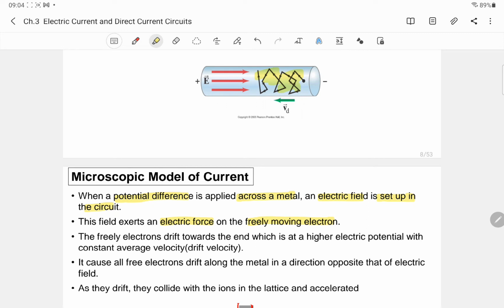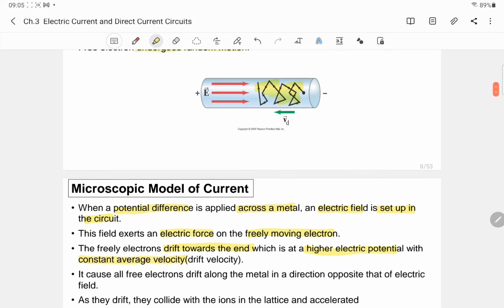And then electron yang move secara randomly tadi, the free electrons will drift towards the end which is at the higher potential with constant average velocity. Kat sini mula-mula dia move secara randomly and haphazardly.